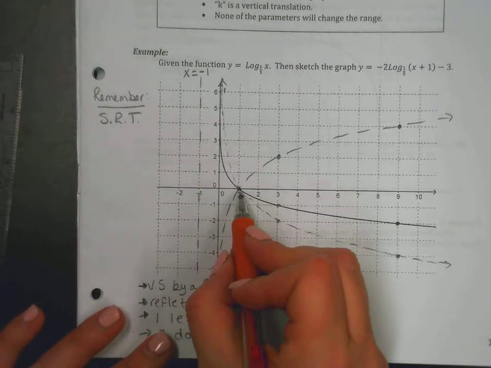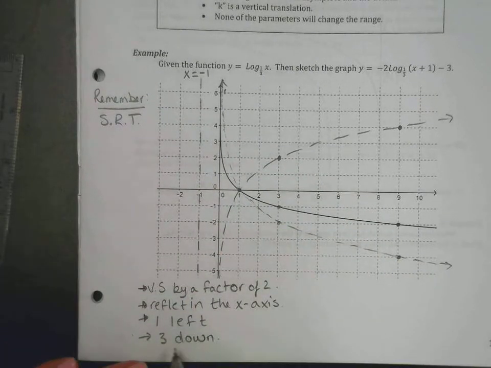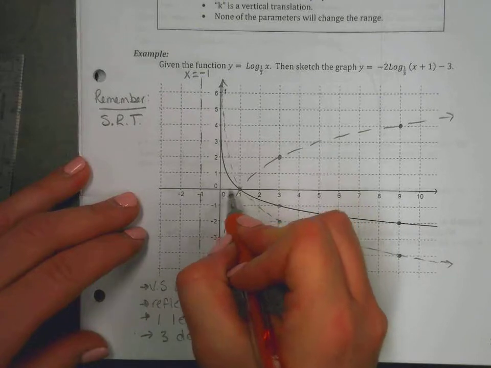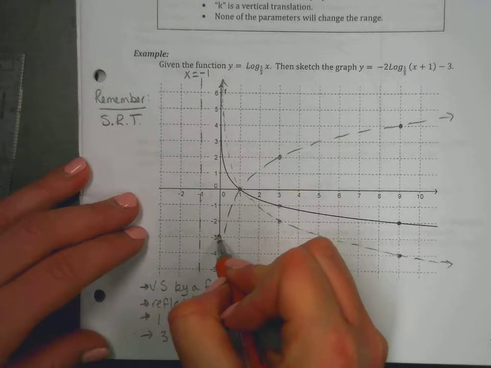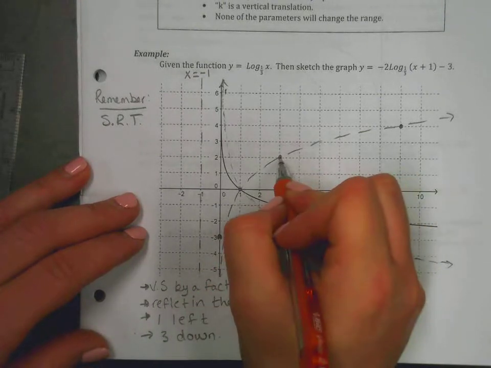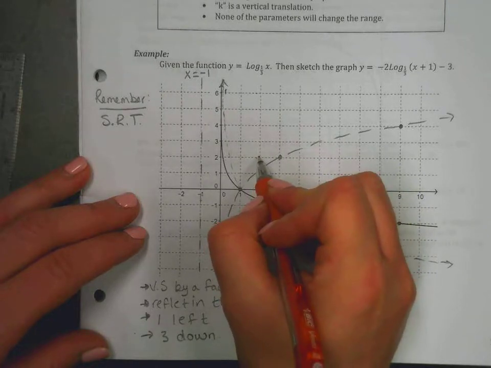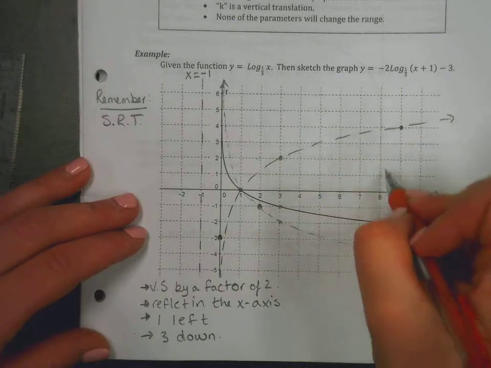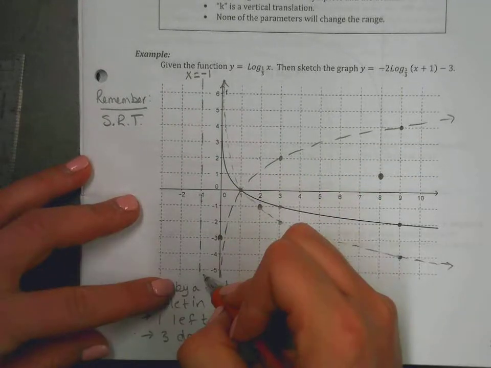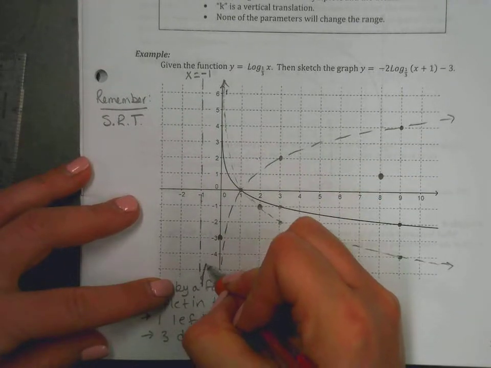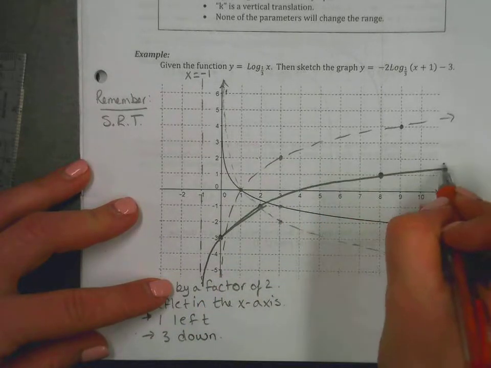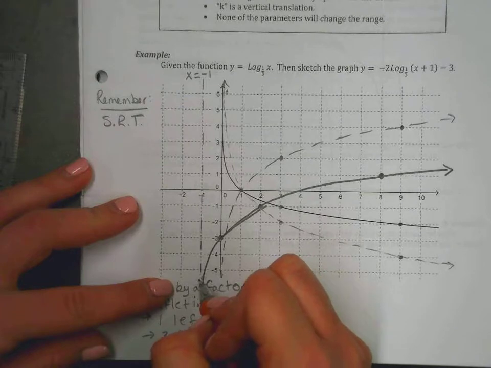I'm going to move all of these points 1 left and 3 down. So this point here goes 1 left and 3 down. Here we go. This point here, 1 left and 3 down. And this point here, 1 left and 3 down. So our final graph is going to look something like this.